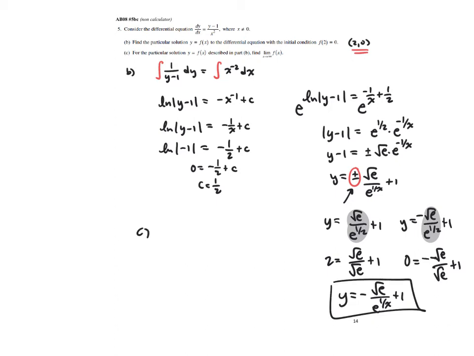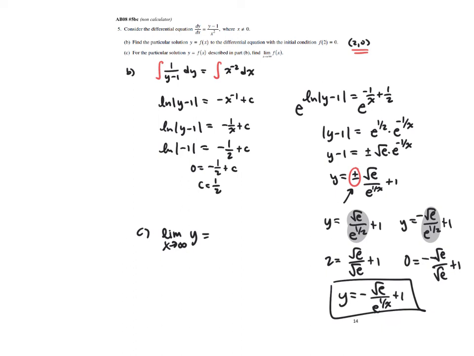Part C, what they want us to do is take the limit as x approaches infinity of this function y. If I were to visualize what's happening here, this would be negative square root of e over e to the 1 over x plus 1. If x heads to infinity, what would we end up getting?